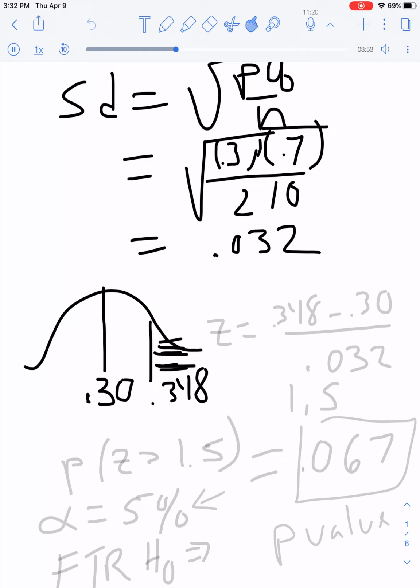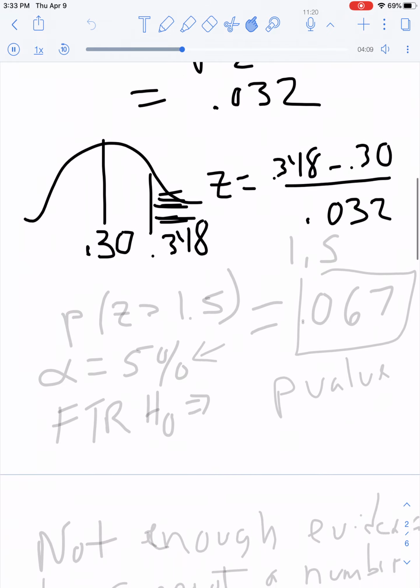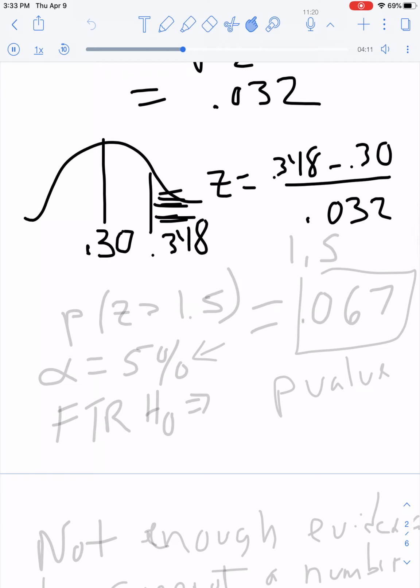So we find the z-score. We take 0.348 minus 0.3, divide by the standard deviation of 0.032, and that gives us a z-score of 1.5 on the nose.